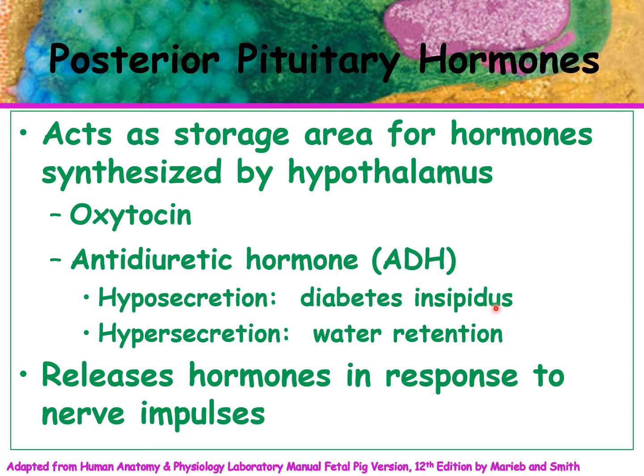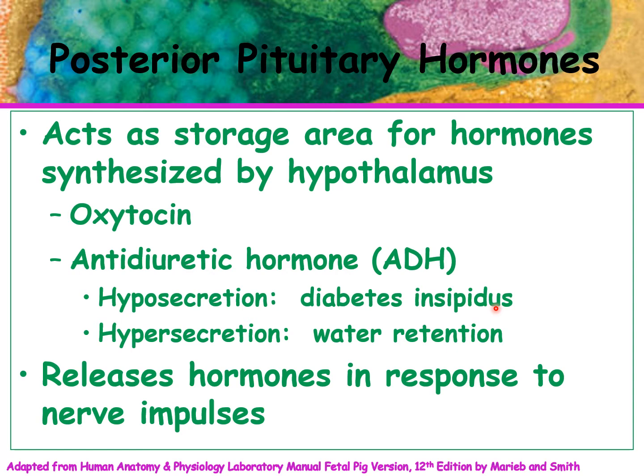This is completely different than diabetes mellitus, in which there is inappropriate glucose regulation. Diabetes insipidus receives its name from the fact that it shares a common feature with diabetes mellitus, and that is these people are water hungry.